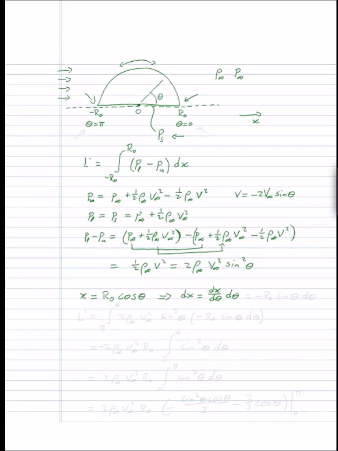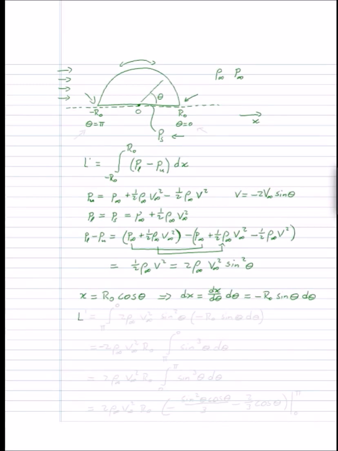So we take the derivative of my x with respect to theta. So if we do that, we're going to get the derivative of that cosine, so we're going to get minus r0 sine theta d theta. So now we've got dx in polar coordinates and we've got PL minus PU in polar coordinates. So we can transform our integral for L prime.